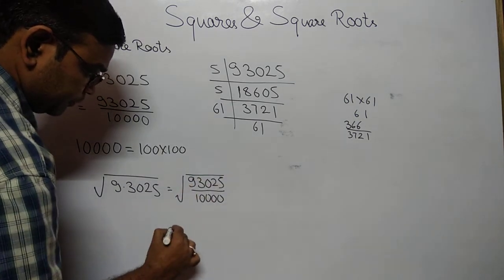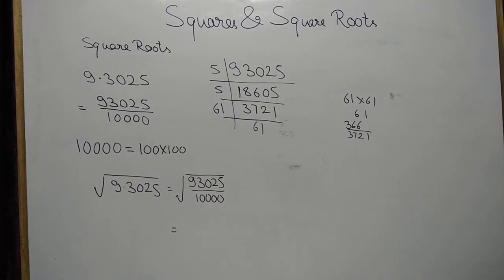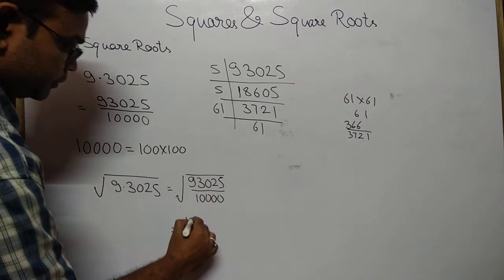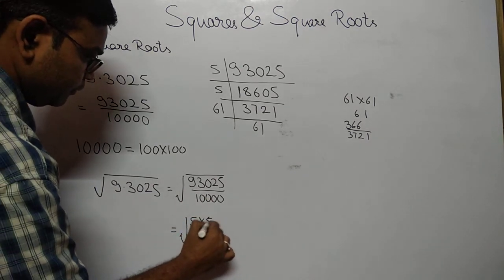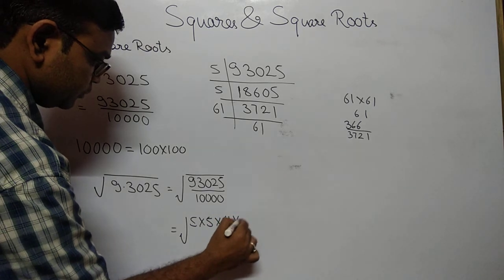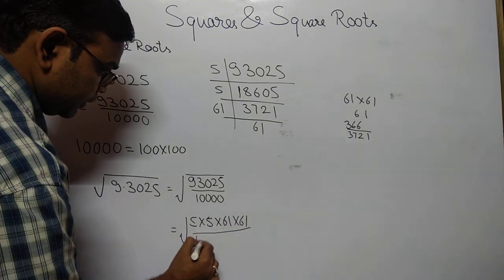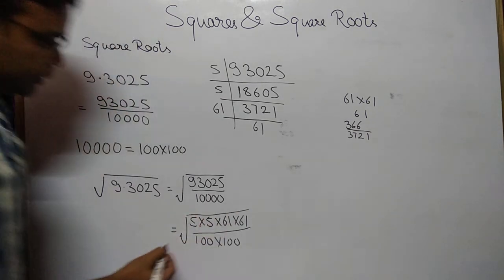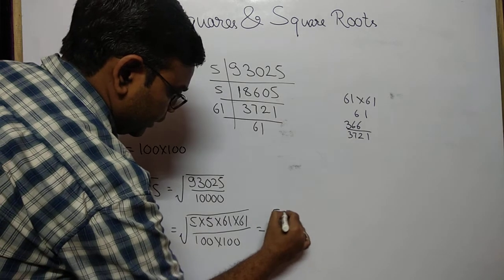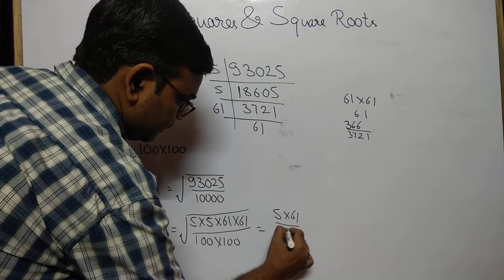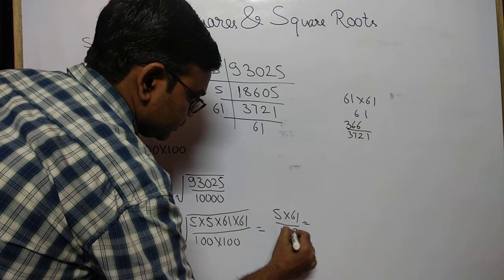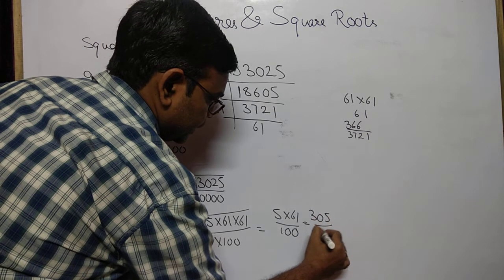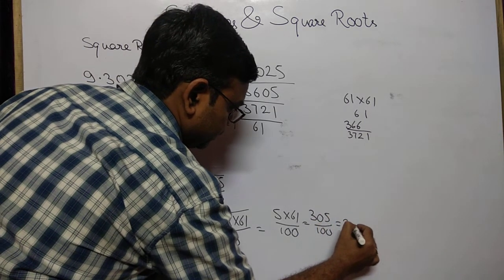Now we multiply, write down the factors. It's 5 into 5 into 61 into 61 by 100 into 100. So we can write down 5 into 61 by 100, and whenever we multiply this, it's 305 by 100, or we can write down 3.05.